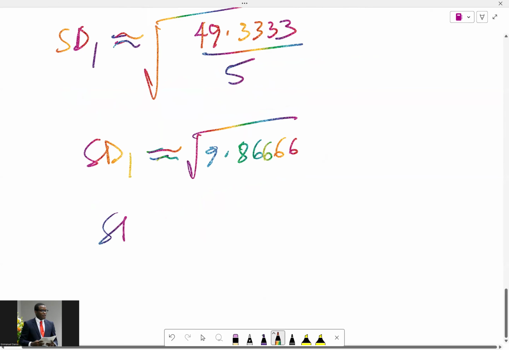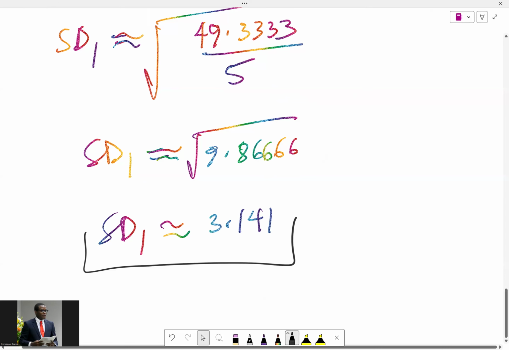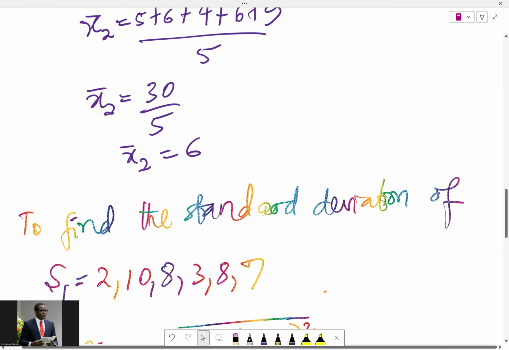And then we take the square root of that, and that will be approximately, I think, 3 point something, sorry. So that will be 3.141. So that's the standard deviation for S1.